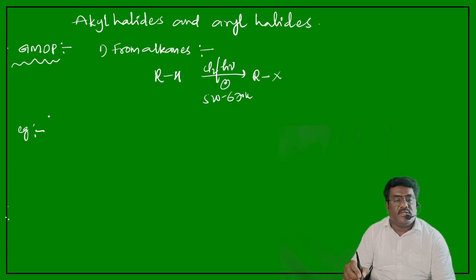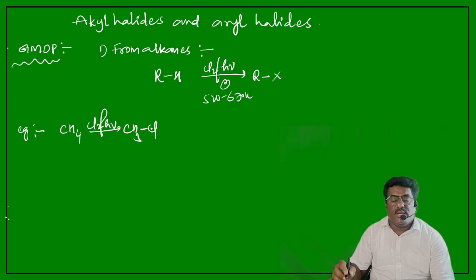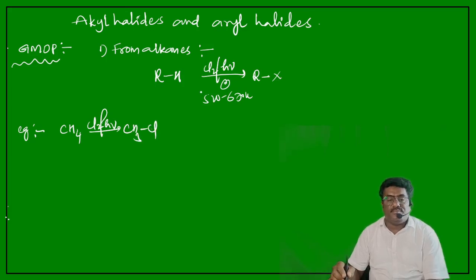The example for haloalkanes is methane chlorination. Methane chlorination in presence of chlorine and light gives methyl chloride. Methyl chloride, again chlorinated in presence of light, gives CH2Cl2.